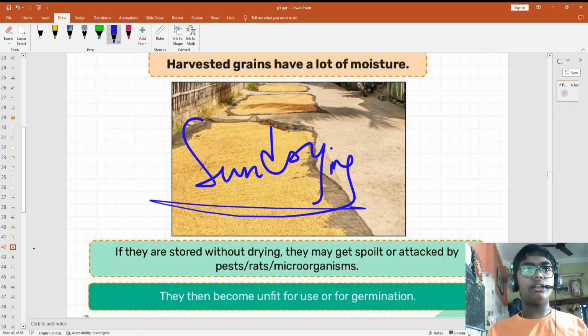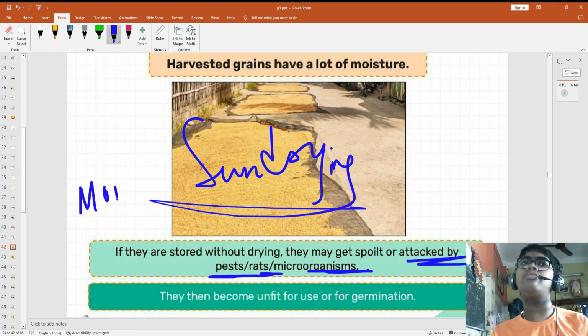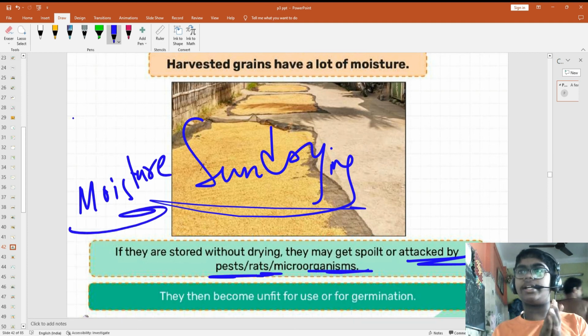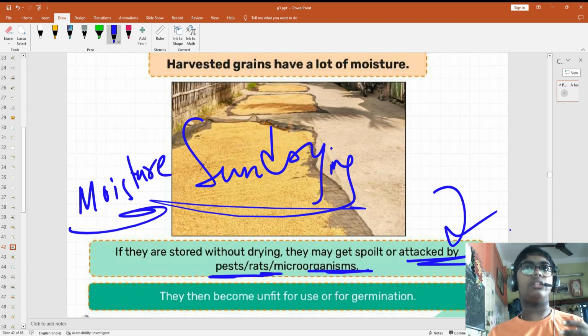So what will happen now? They will not be attacked by pests, rats, microorganisms because there is no moisture, their favorite thing is removed from there. If they are stored without drying, they may get spoiled or attacked by pests, rats, microorganisms, right?